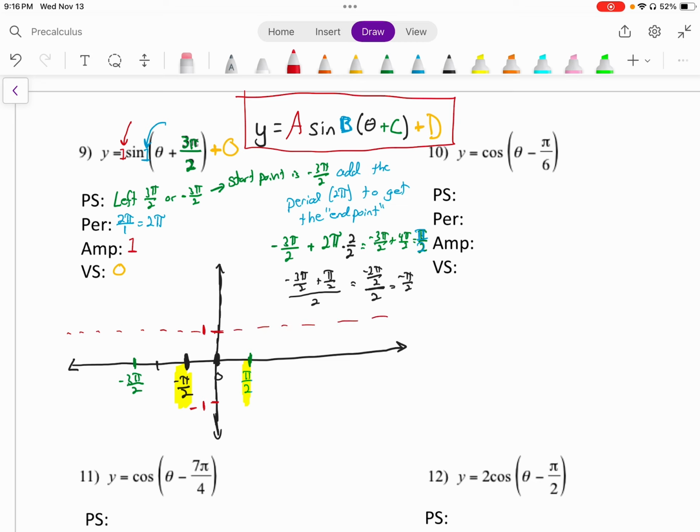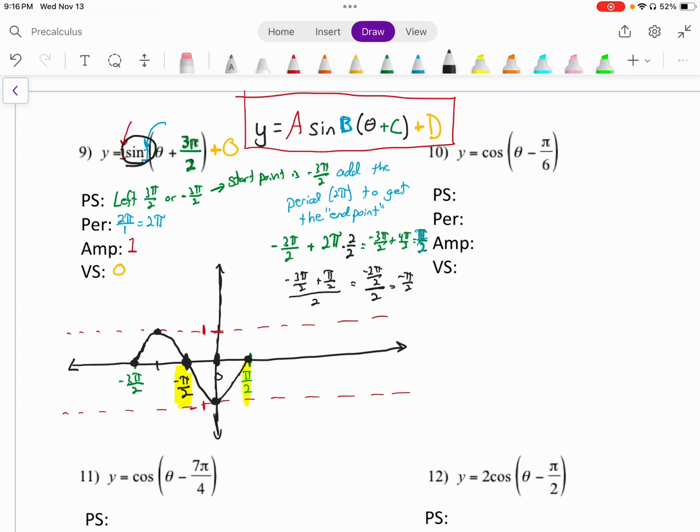Some guidelines. Now we do not have a vertical shift, so we are graphing sine. So sine starts on 0, goes up to 1, down to 0, down to negative 1, back up to 0. That's our first full cycle.